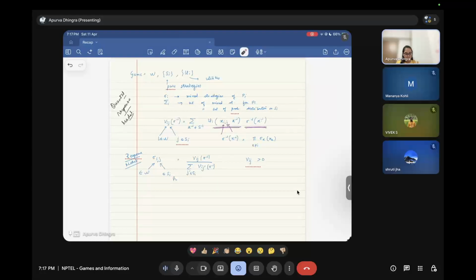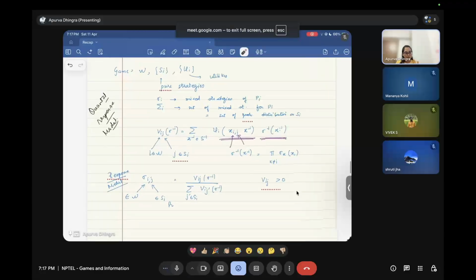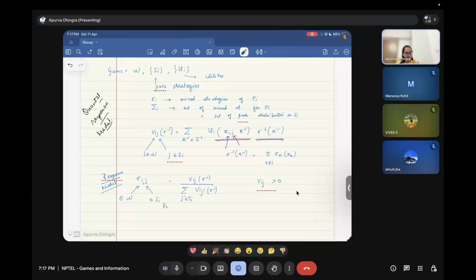This is captured in what are called quantal response models. They have these sets of mixed strategies of any player, and they define these objects called V_ij, some quantal response functions.